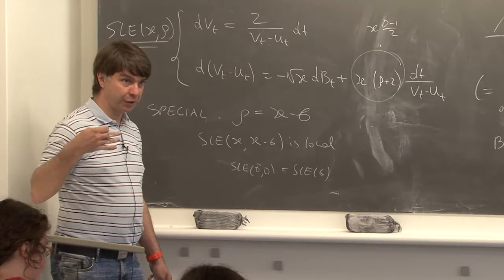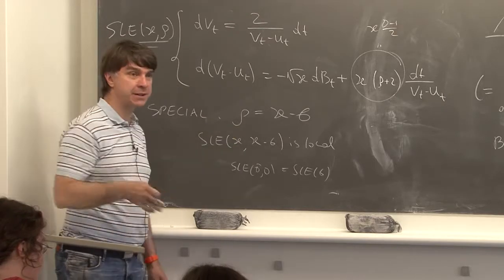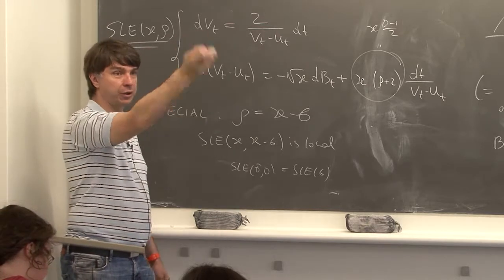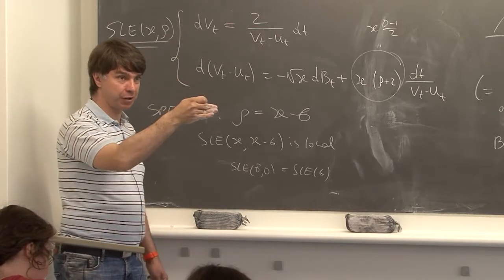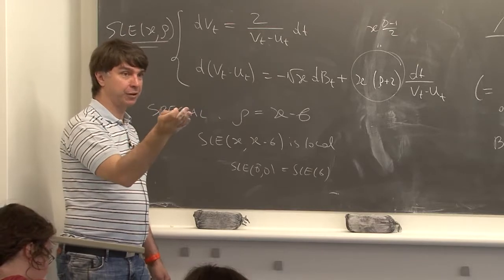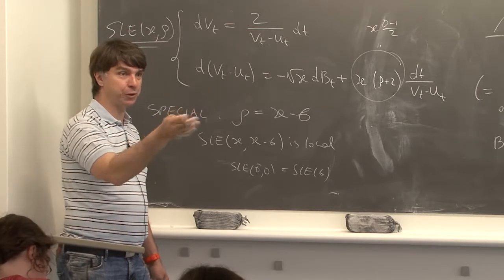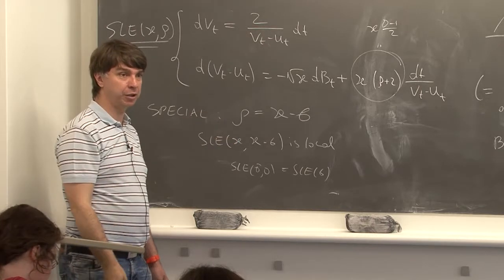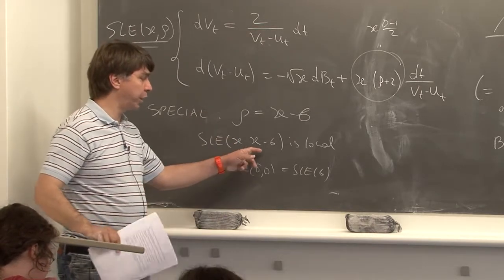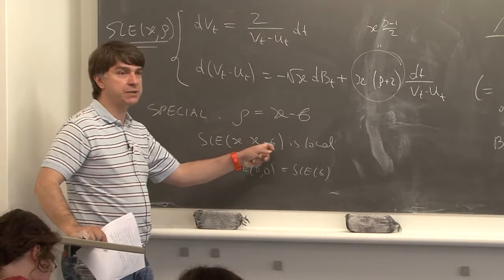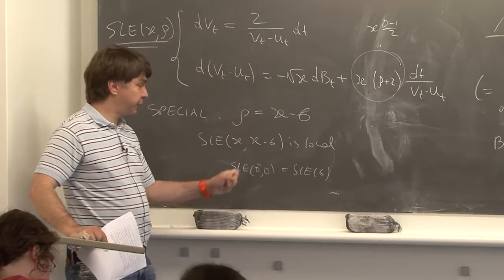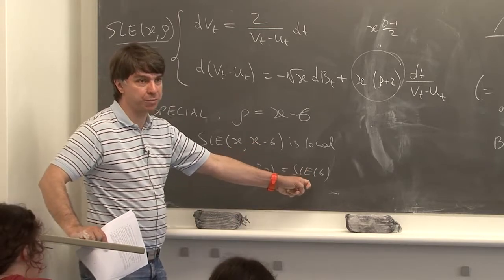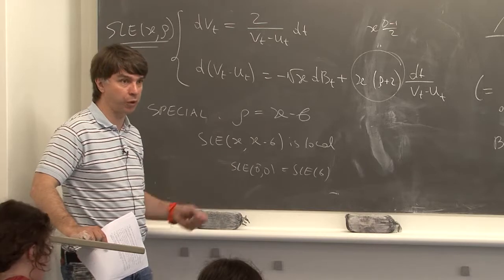So take SLE kappa minus 6 aimed at 2 different points, say at Paris and London. Until they cut the Earth into 2 different disjoint parts, they coincide exactly. And then they are completely independent. So there is one value of rho for which SLE is local. And for kappa equals 6, this rho is equal to 0. Also SLE 6 is local, so this is the percolation SLE, which doesn't see where it's going.